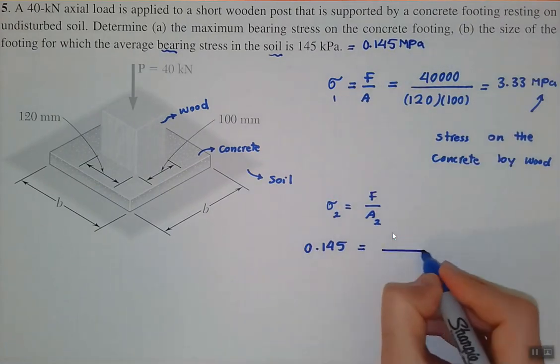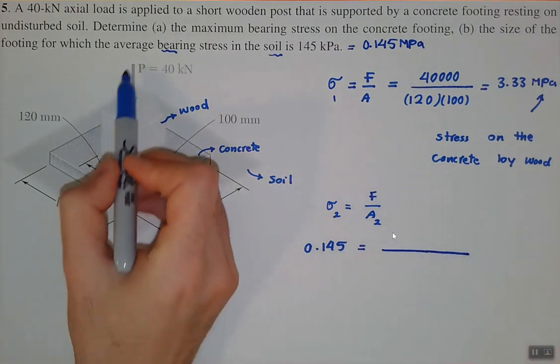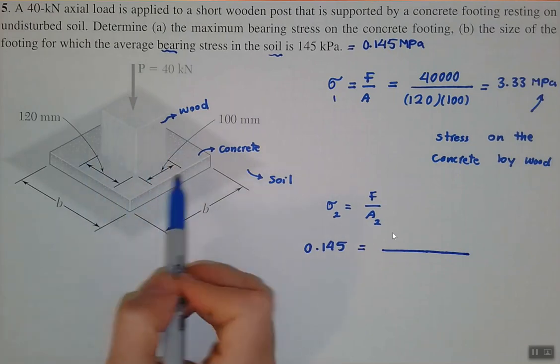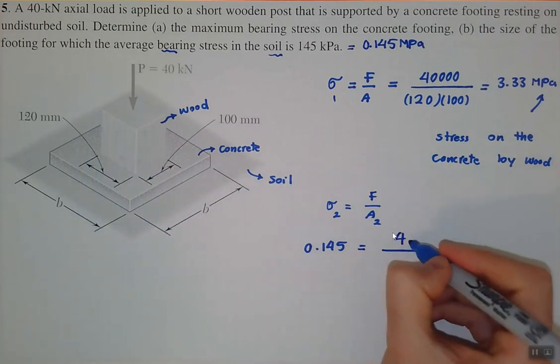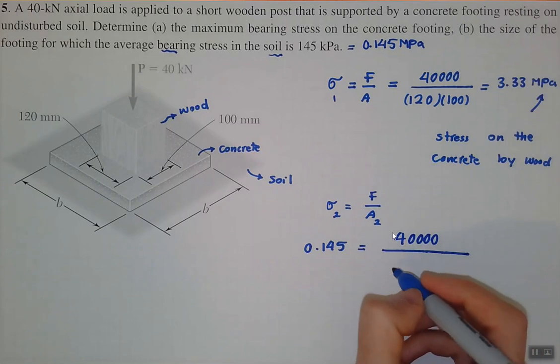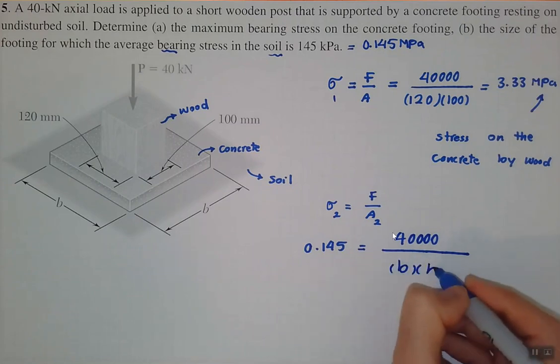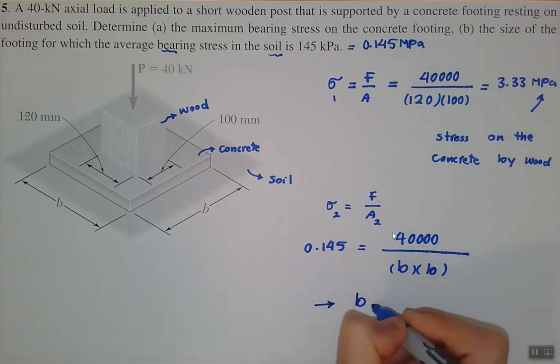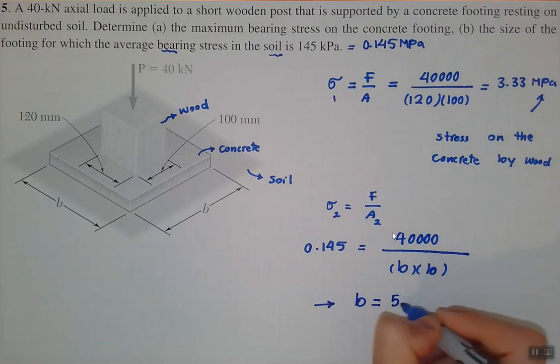The load is still the same. When we apply this 40, the whole 40 is transmitted to this concrete and then the whole thing to the soil. So 40 transfers to the soil, and A2 is B multiplied by B, and from here simply we find B, 525.